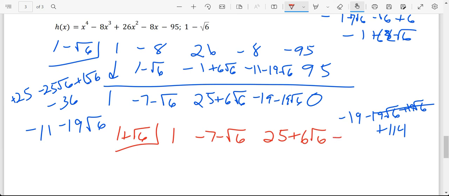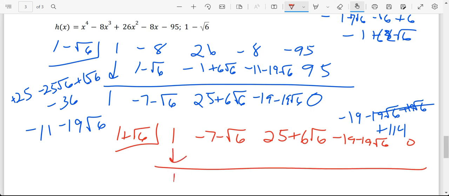We should have a polynomial function left over after this, okay? Bring down the 1. 1 times itself is just 1 plus root 6. Add it. You're going to get negative 6, so that's nice.